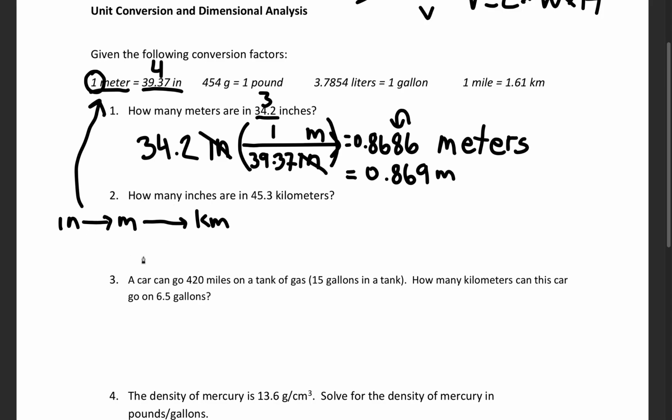I'm not going to turn this into my actual equation; I'm going to keep this roadmap out. I need 2 conversions: one that gets me from inches to meters, and one that gets me from meters to kilometers. And at the end, I should have, oh, I did that backwards.